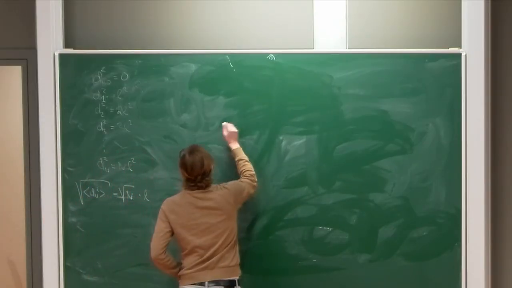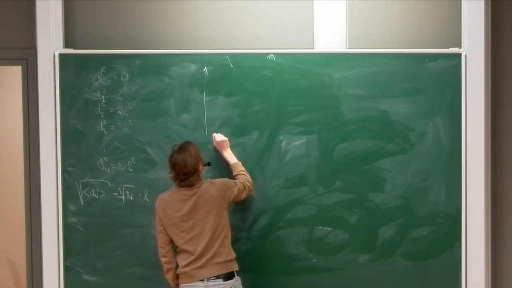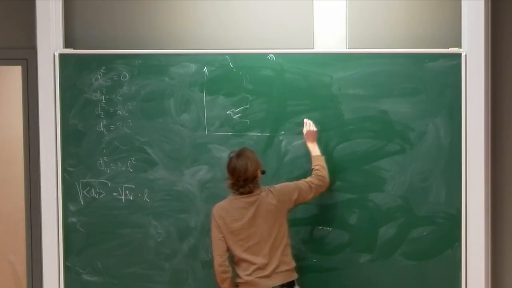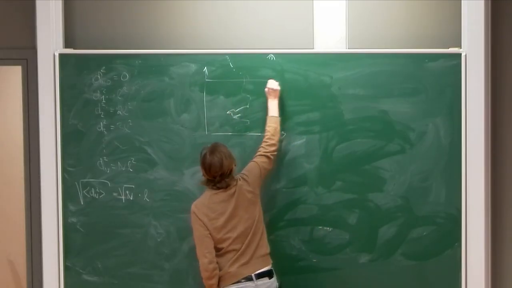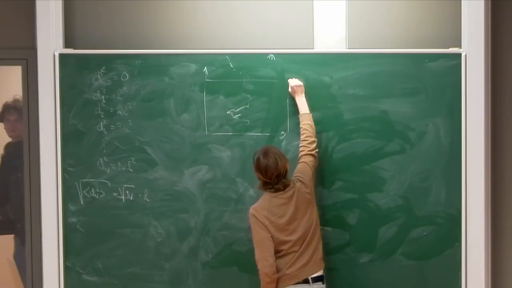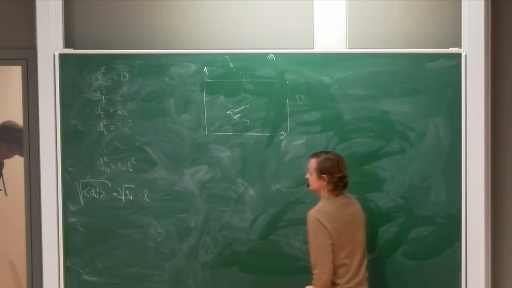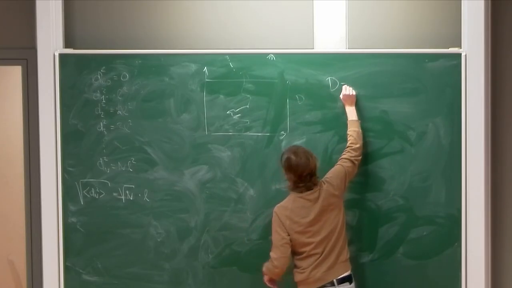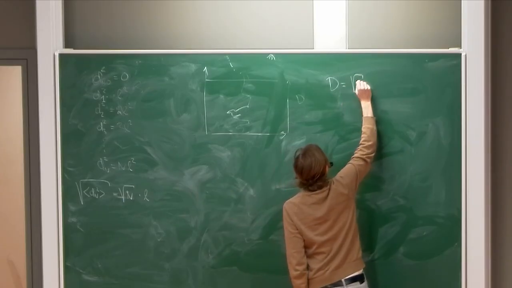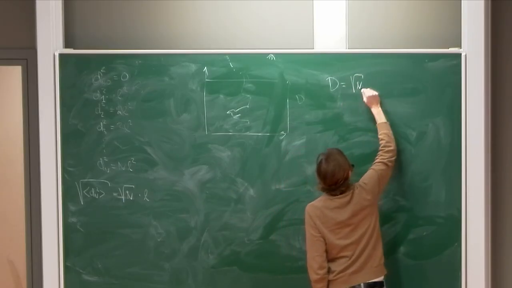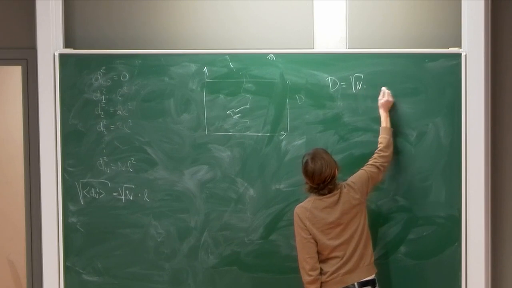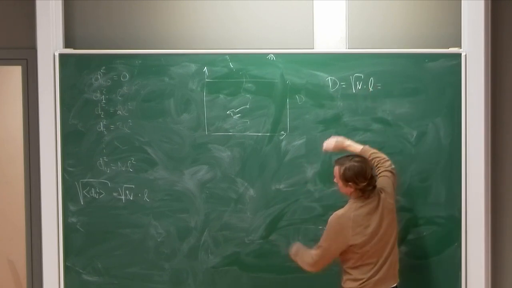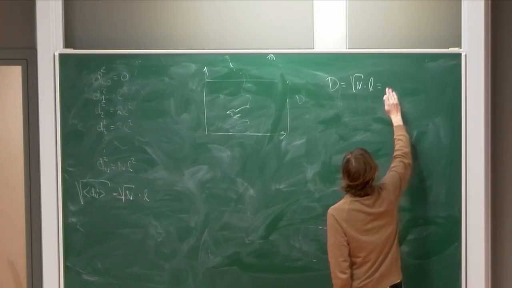So if we now have again our random walker, and we're interested in reaching the boundary layer here, which is some distance d, then we want that distance d to equal the square root of n times L, because we want it to be the root mean square distance.